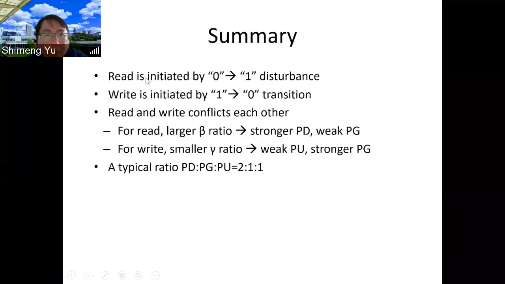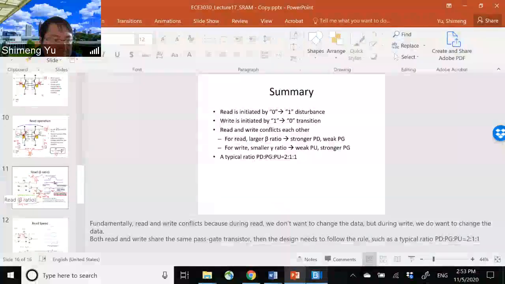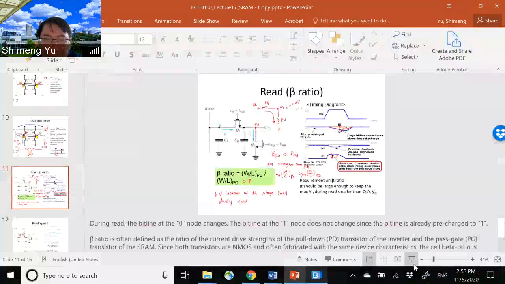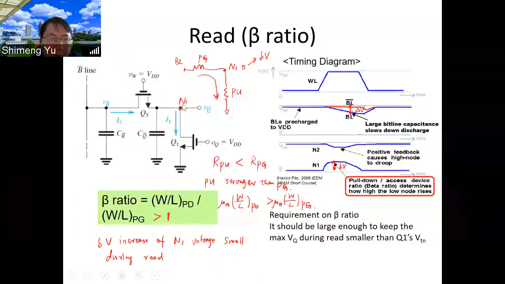And for the SRAM, here's the read operation. We actually care about this 0 to 1 disturbance. So what is this 0 to 1 disturb? This is what we discussed here. When we read, this 0 of the N1 node will increase a little bit.